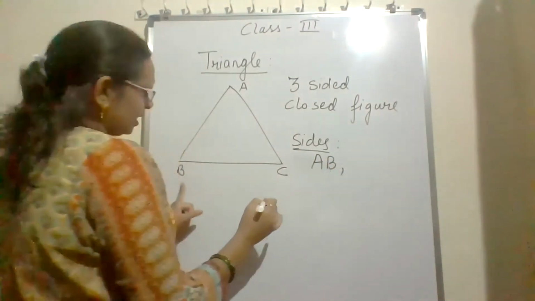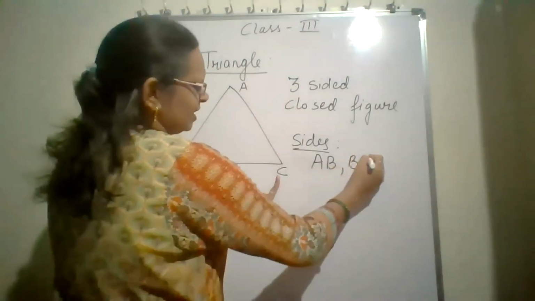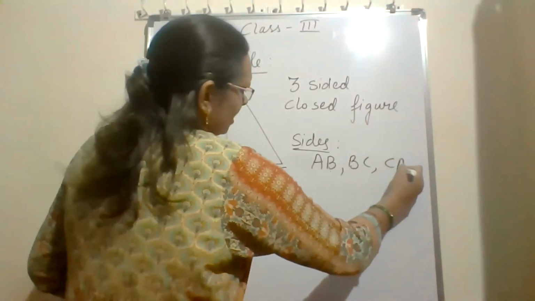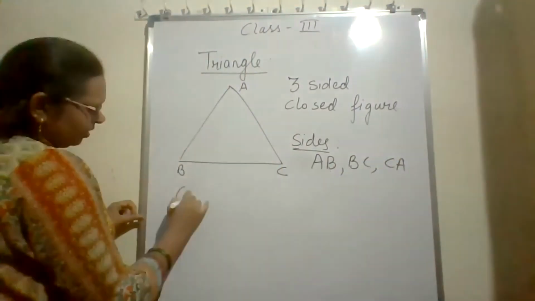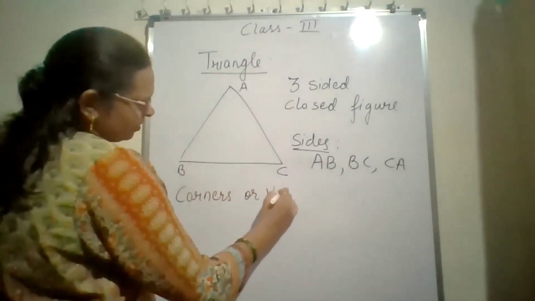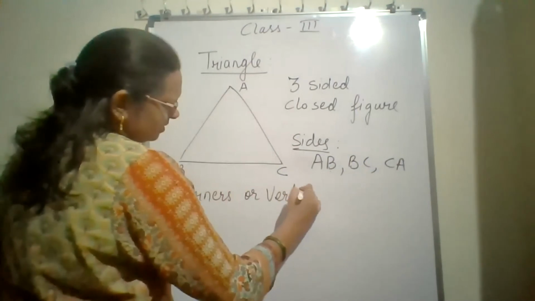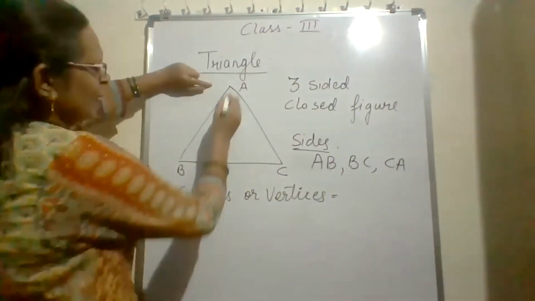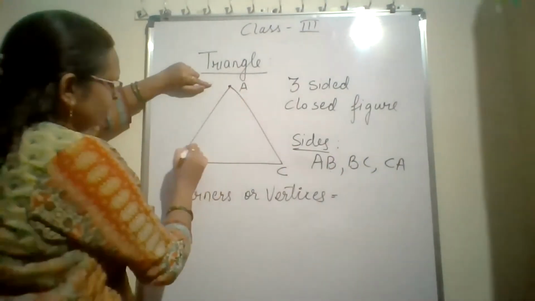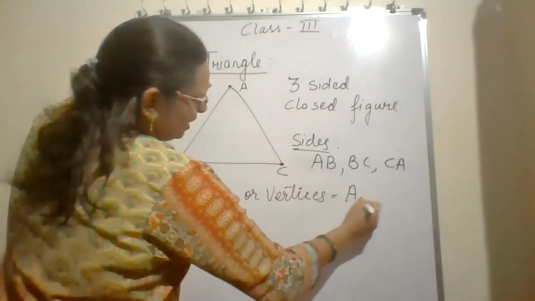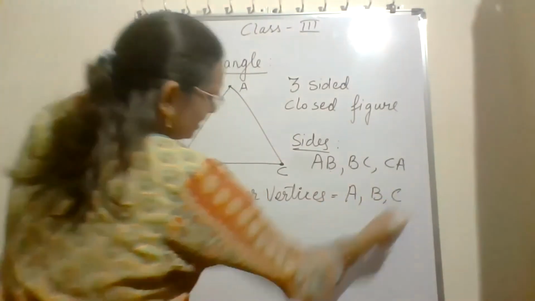AB, BC, and CA. And how many corners or vertices? See, you have 1, 2, 3. So the corners are A, B, and C.